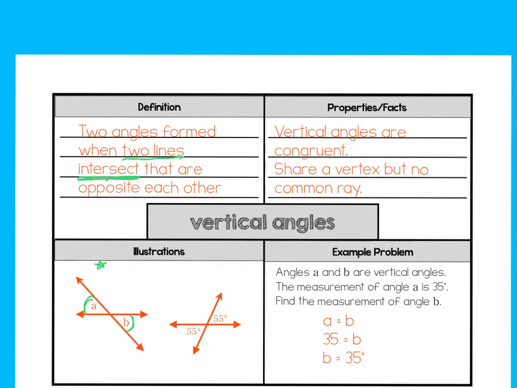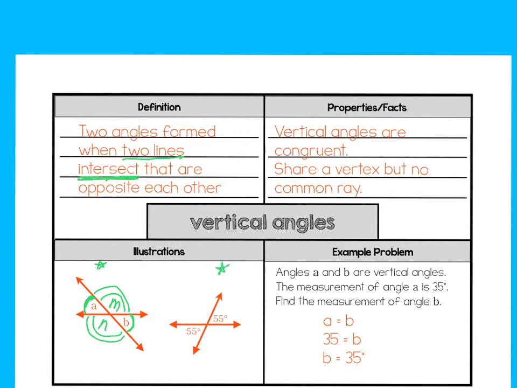I didn't label these other two angles that are formed as well, so we'll call them M and N. Angle M and angle N would be vertical angles as well. And vertical angles are congruent to each other. So whatever the measure of angle A is, it equals the measure of angle B. That's why I only put one. And M and N are bigger angles, but they're congruent to each other.